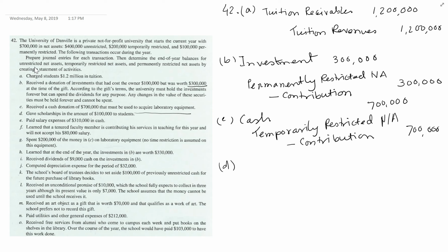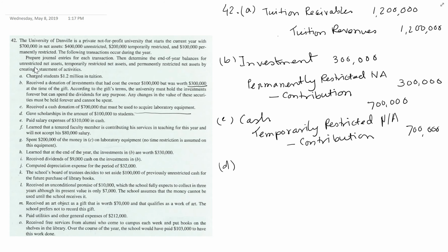So currently we recorded tuition receivable here, so we have to reduce this receivable because the scholarship portion we will not be able to collect or receive, and on the other hand we will debit scholarships and aids. This is one kind of expense which is actually reducing their tuition revenues.